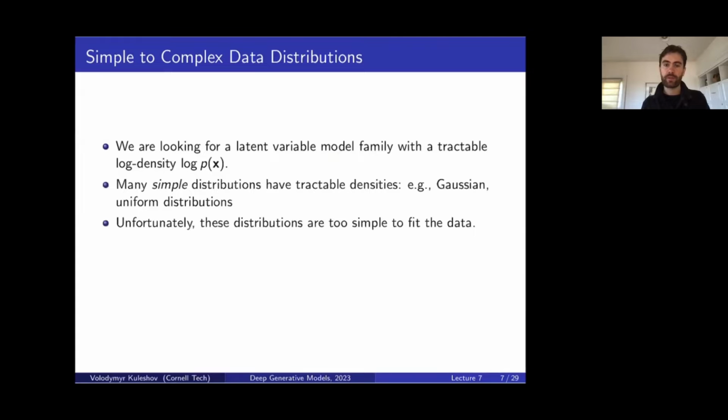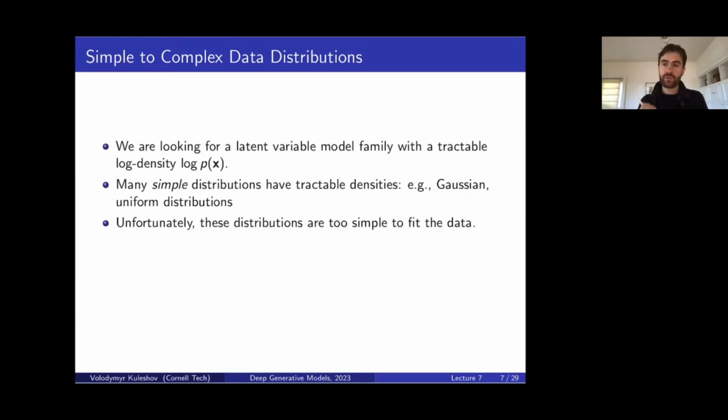How can we do this? Well, there are many simple distributions in probability that have this property. If we look at a Gaussian or a uniform distribution, we can easily compute their density. These are the types of distributions where pretty much any task is straightforward, very tractable. Unfortunately, Gaussian distributions by themselves are too simple for us. We can't really fit a Gaussian to a complex data set and have a good model. So they're not sufficiently expressive.